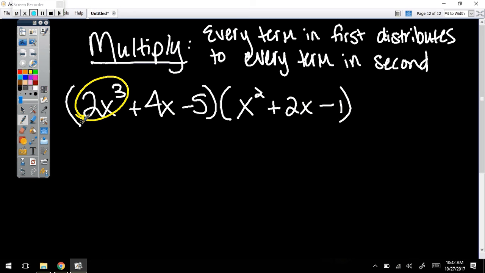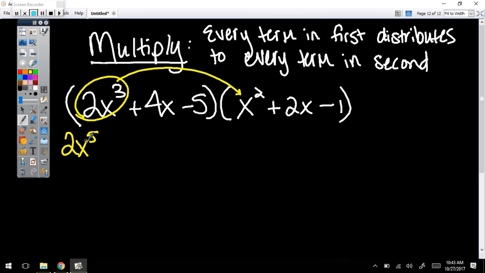So 2x to the third times x squared is what? 2x to the fifth. Remember we did that in the very beginning? When we multiply the coefficients, we add the exponents.